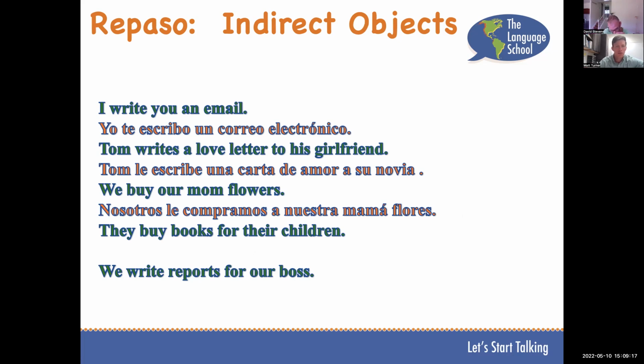Okay. They buy books for their kids. For their children. Ellos, or would it be ustedes? So how do you say they? I guess ellos.